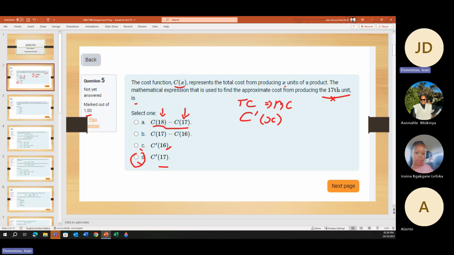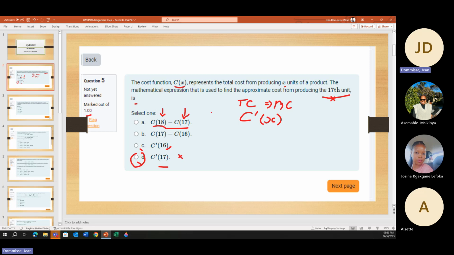So let me quickly check again. Oh, I see now. Yes. So I marked that wrong.